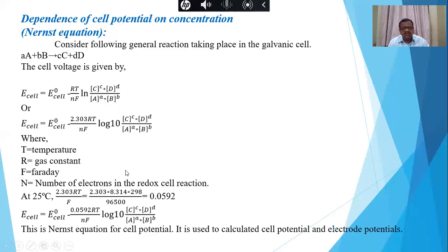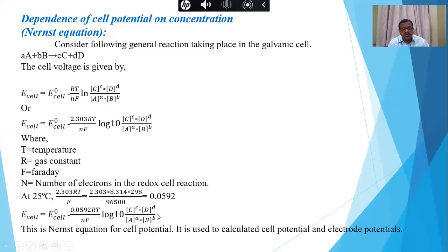This equation is called the Nernst equation, where T is temperature, R is the gas constant which has a definite value, F is the Faraday with value 96500, and n is the number of electrons involved in the redox reaction.